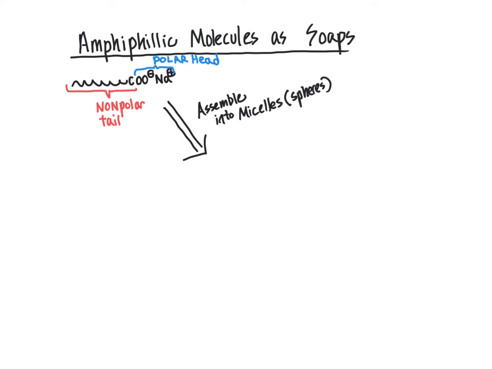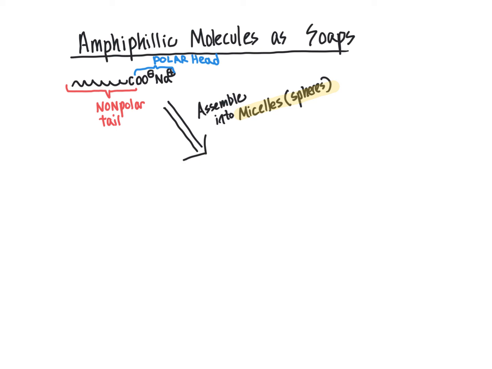The way that these come into play as soaps is that due to the fact that they have a nonpolar tail and a polar head, due to that ionic bond, they assemble into structures referred to as micelles.